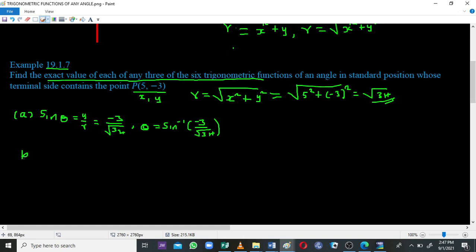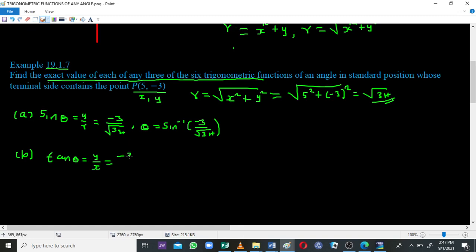We can also apply this same concept to tangent. Tangent theta is equal to y over x. What is our y value?